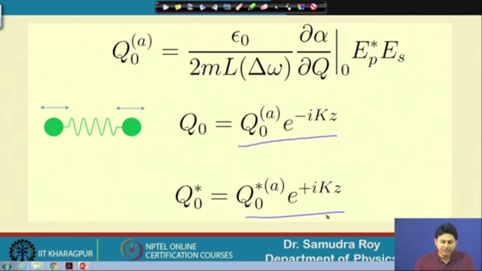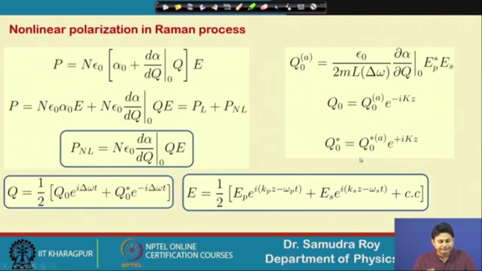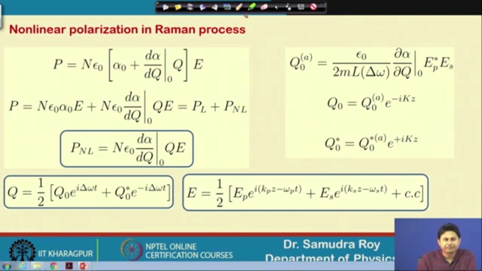So, once we have Q0 in our hand, the next thing is to find out the nonlinear polarization in Raman process. That is the ultimate goal, because nonlinear polarization is something that we need to figure out. So, let us quickly recap what was our nonlinear polarization.